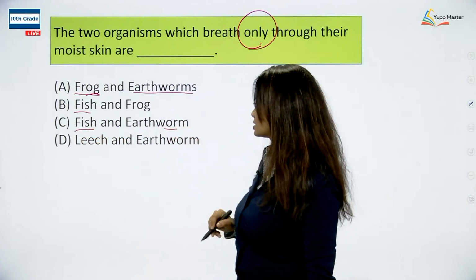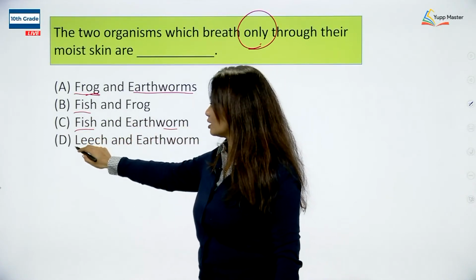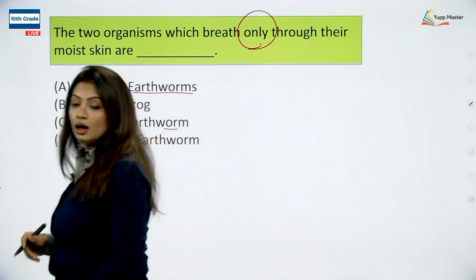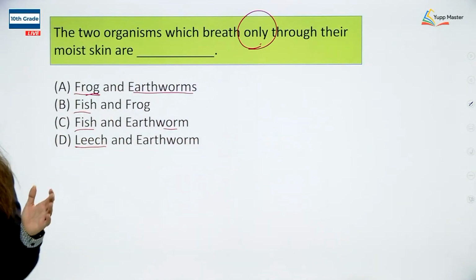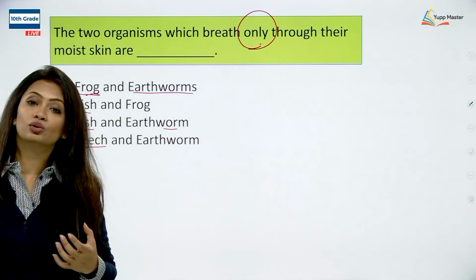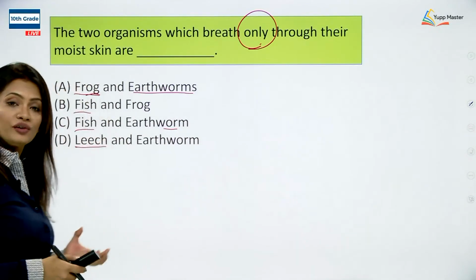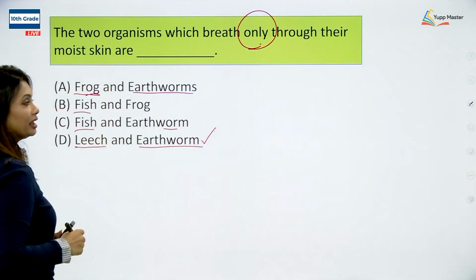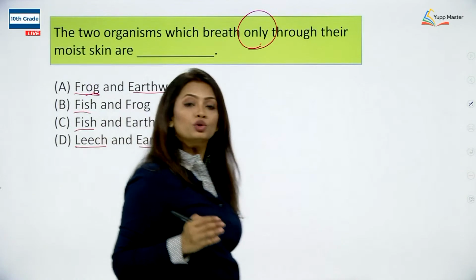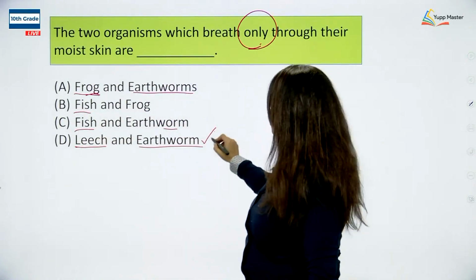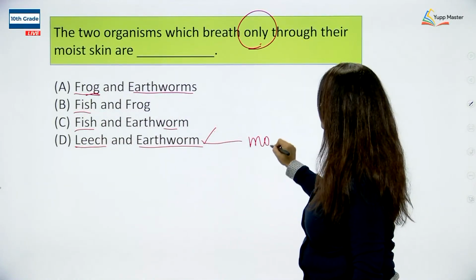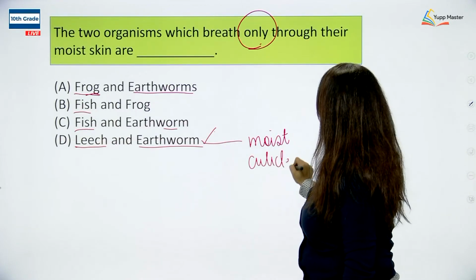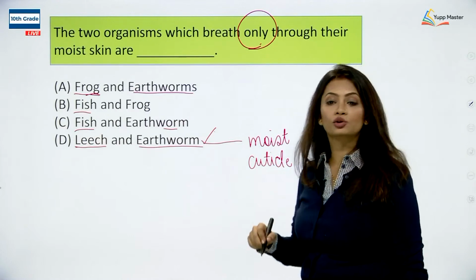This is only skin, but not both. So over here, leech. Leeches breathe through their general body surface. So both the leech and the earthworm are correct, where they breathe only and only through their moist skin. The earthworm has a moist cuticle to breathe from.